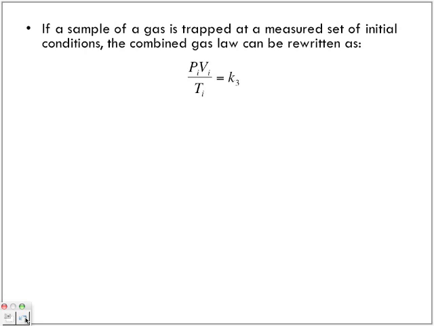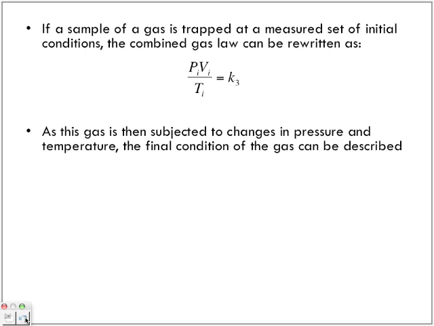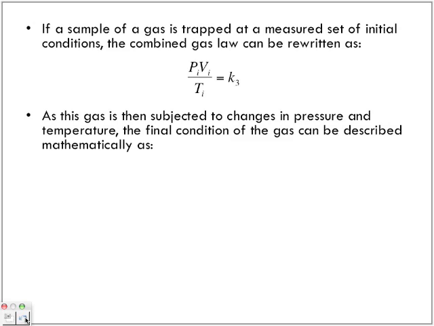Our constant is equal to Pi Vi over Ti. We're looking at the same thing as the final set, right? We've already applied these new conditions, and now it is the final state, okay? So as this gas is then subjected to changes in pressure and temperature, the final conditions of the gas can be described mathematically as the following. K3 is equal to Pf Vf over Tf.